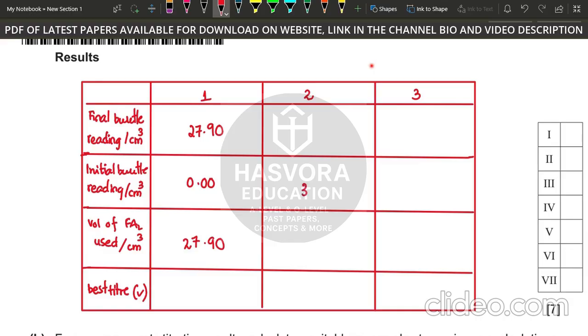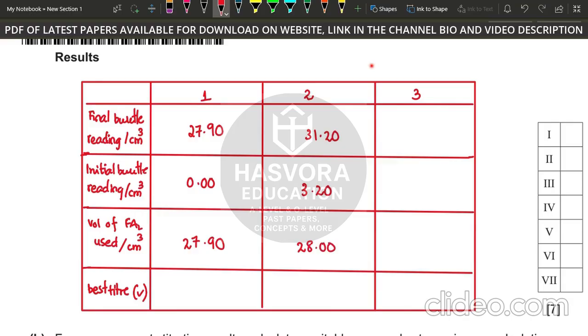Let's take this as 3.20, the initial one, and let's make up a value so that it is close to 27.90. So 27 point plus 3.20, it will be 31.20, and this will be 28.00. Okay, so we have a difference of 0.1, so it will be concordant.